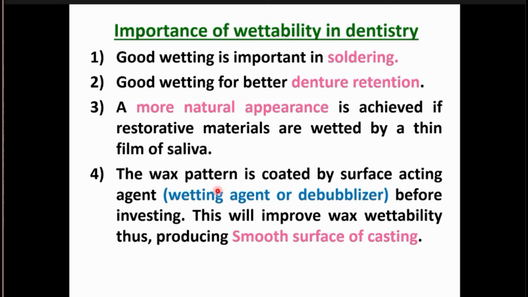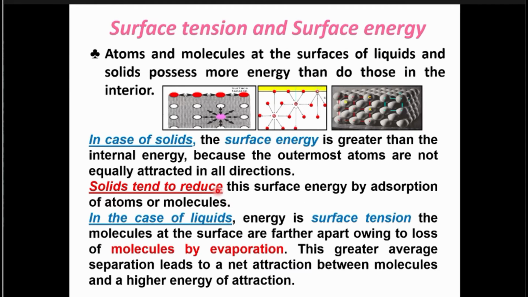Similarly, with the wax pattern which we make in the laboratory, you don't have much idea about wax patterns at the moment, but with wax we make a template of tooth structure, and then we coat it with a wetting agent to get a smooth surface. So these are some examples where we apply wetting in dentistry.